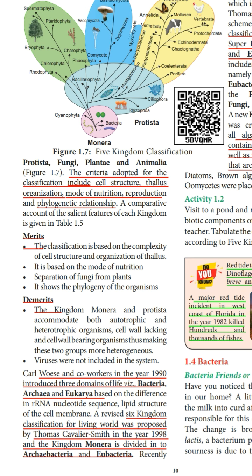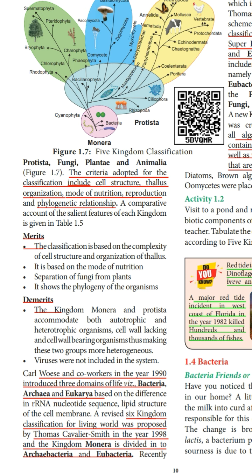So the first merit of this classification was that it was based on cell structure and organization of thallus. Next, it is based on the mode of nutrition. So here also the autotrophs and the heterotrophs were kept separately. Next, separation of fungi from plants. As we studied, fungi show a heterotrophic mode of nutrition and plants are autotrophs. So fungi were separated from the plants and given a separate kingdom status.